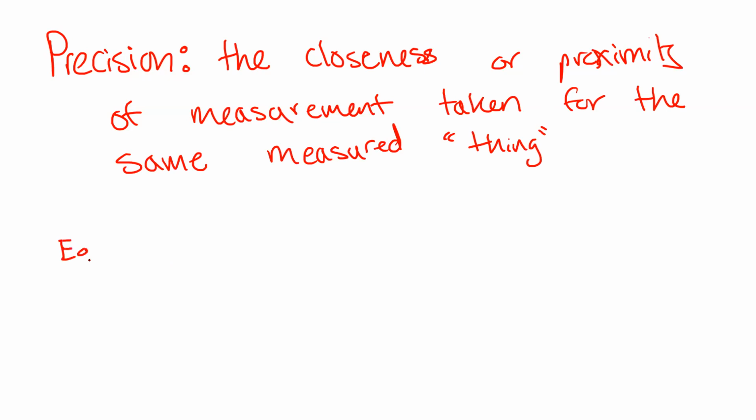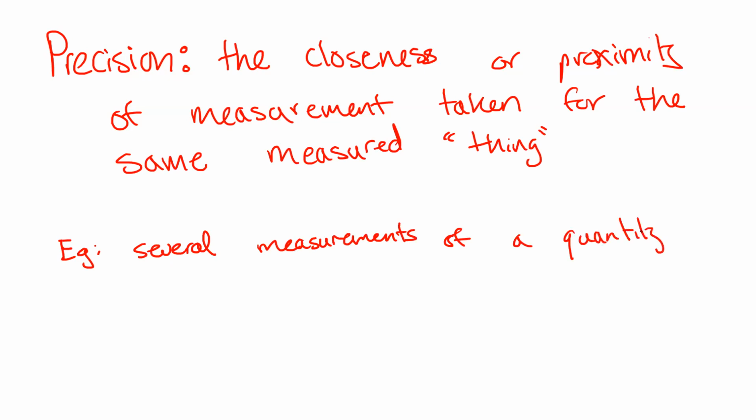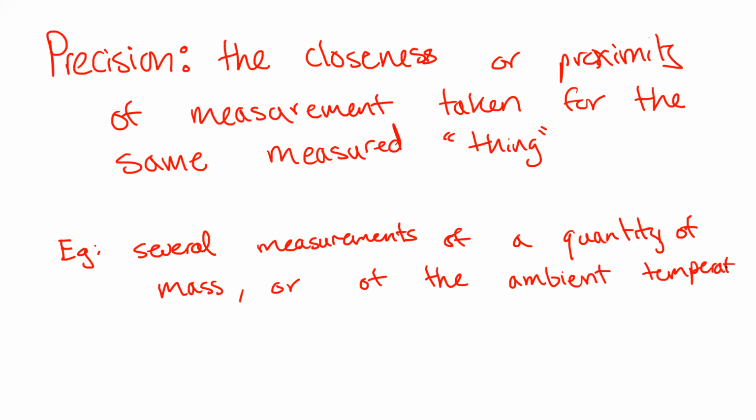Okay, so several measurements of a quantity of mass or of the ambient temperature using maybe a couple of different thermometers, a couple of different sources. Now, how close do those measurements fall to one another?